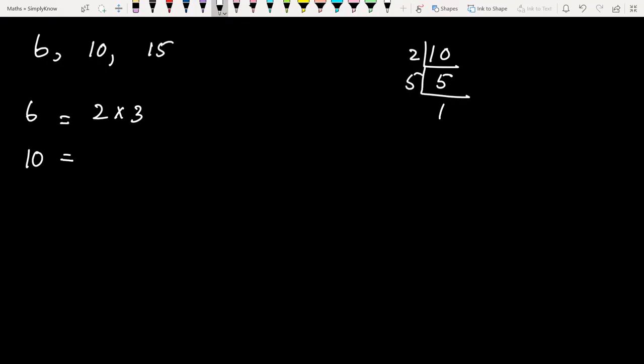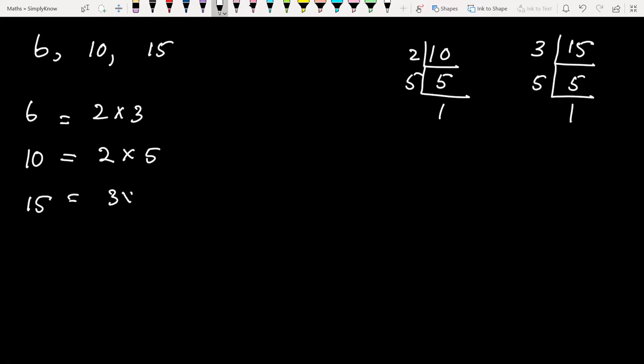So 10 as a product of its prime factors is 2 times 5. What about 15? 15 is not divisible by 2, but it is divisible by 3. 3 times 5 is 15. Then 5 is divisible by 5 and we get 1.